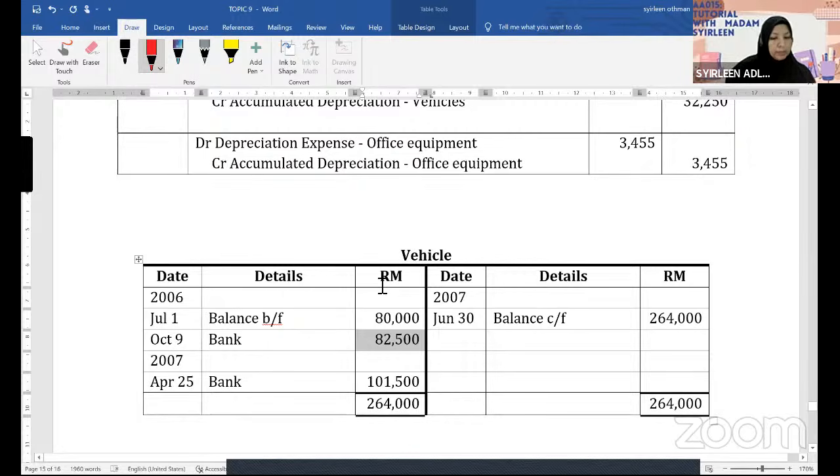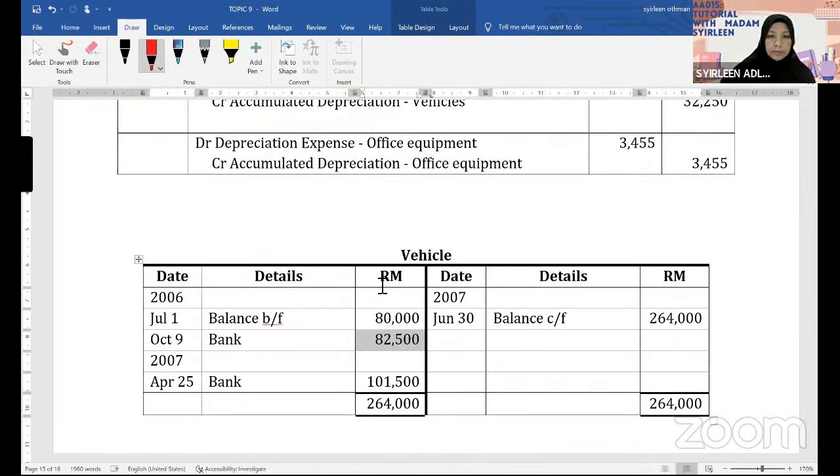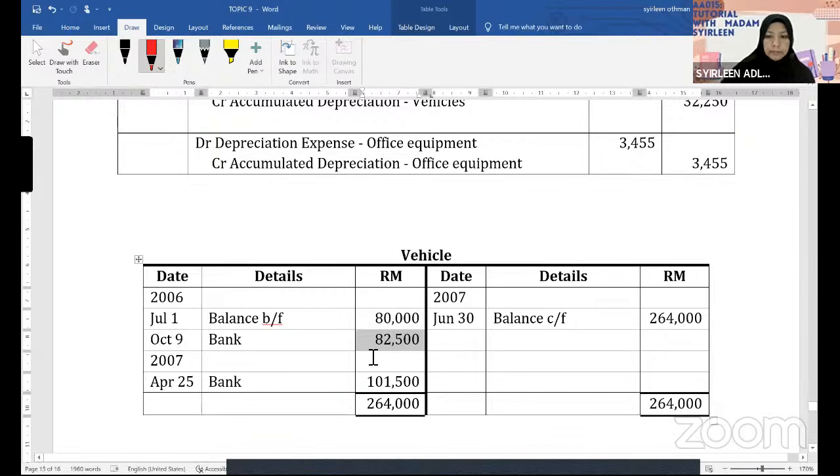Okay, the vehicle is actually your, was it? It's a van, right? 85,000. Okay, sorry, this is 85,000. All right. So, and then you bought a new one.